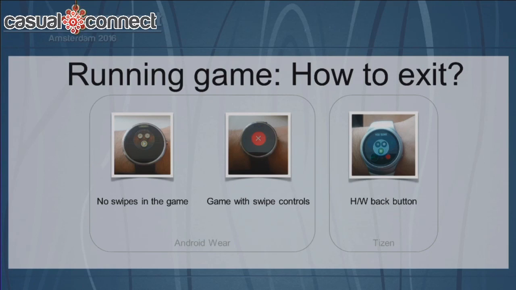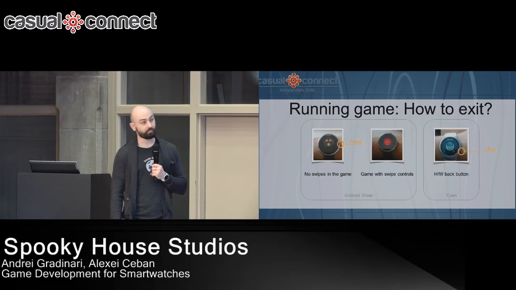For Tizen, which I like very much, we have a hardware back button. And as I already started to speak about hardware buttons, we have a menu button, which we cannot override. It's a system behavior.